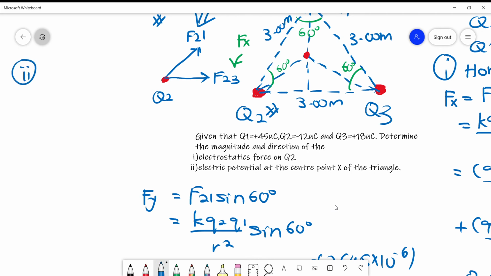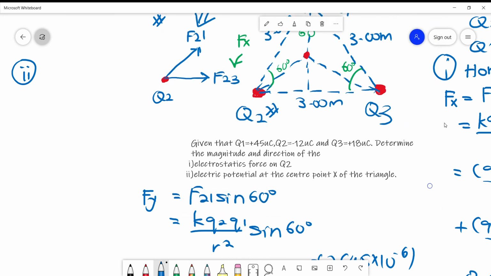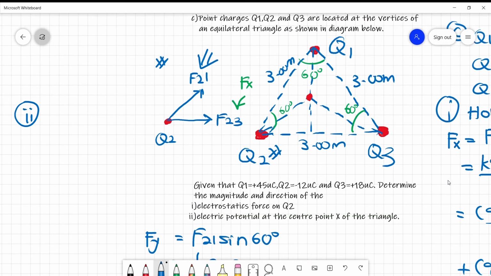So since the electric potential has no direction, and hence the electric potential is the sum of the electric potential which produced by the three point of charges.